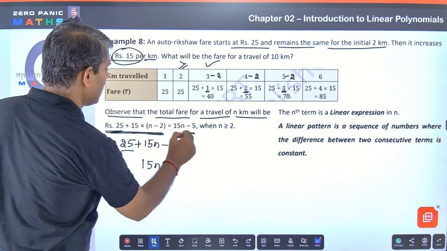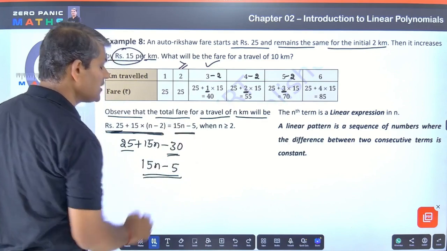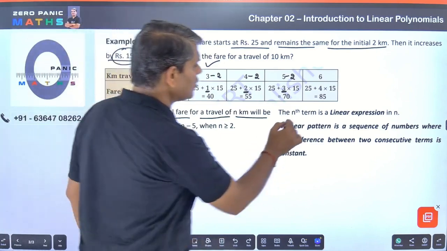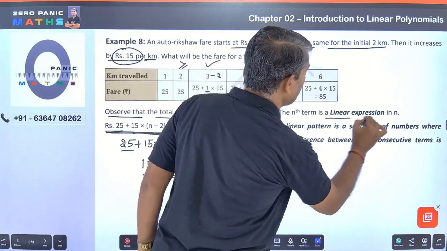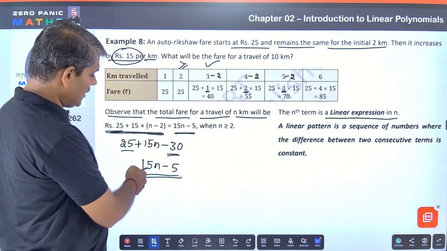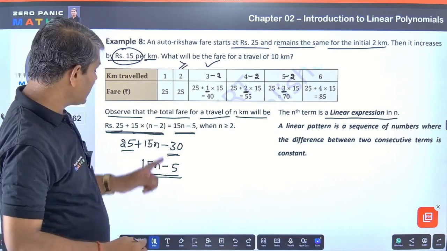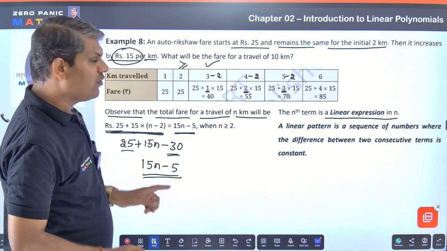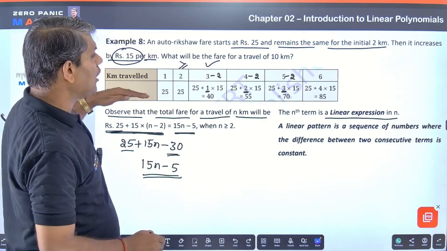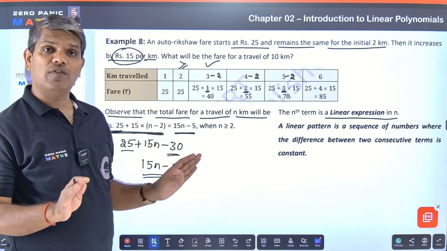So this is that equation. 15n minus 5 is the nth term, a linear equation in n. By substituting the value of n, we can get the fare calculated for any number of kilometers.